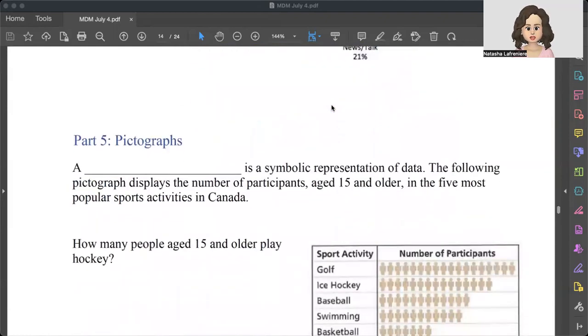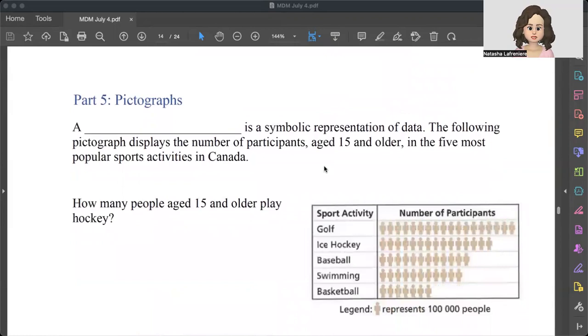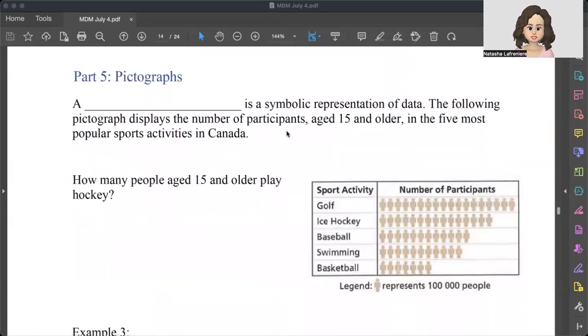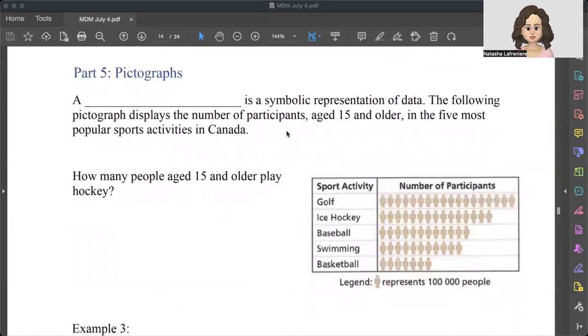A pictograph is a symbolic representation of data. The following pictograph displays the number of participants aged 15 or older in the 5 most popular sports activities in Canada. So here goes pictographs.